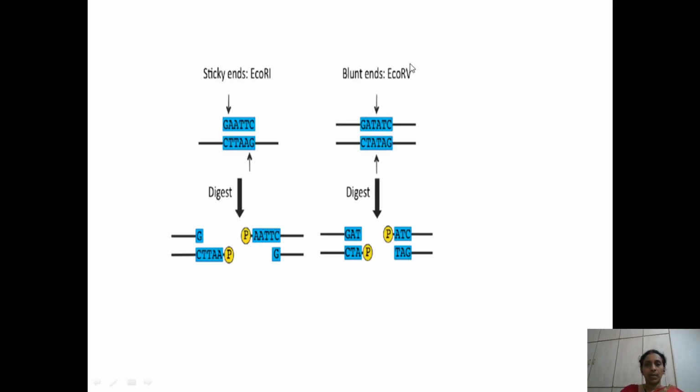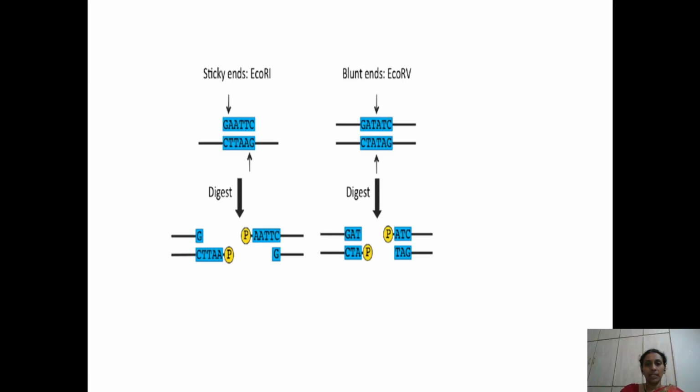So these are blunt ends. This is double-stranded DNA, and upon cleavage, this is the site, cleavage site. This arrow represents cleavage site. So when EcoR5 is a restriction enzyme which brings about blunt ends in DNA.